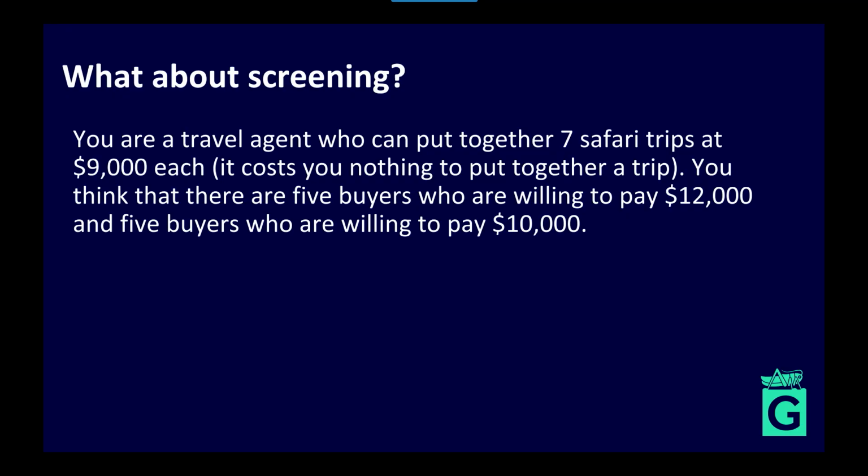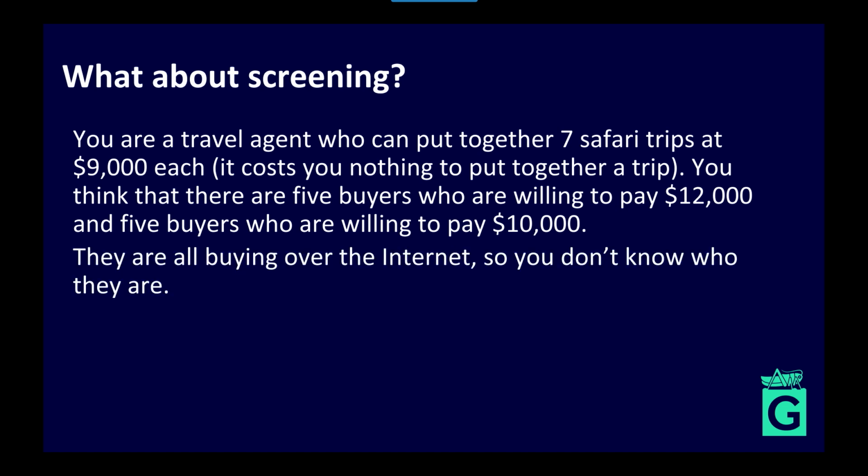Okay. What about screening? Let's say you're a travel agent who can put together 7 safari trips at $9,000 each. Costs you nothing to put together a trip, but that's the cost of all the things you do. You think there are 5 buyers who are willing to pay $12,000 and 5 buyers who are willing to pay $10,000. Now, they're buying over the internet, so you don't know these people. You've never met them.